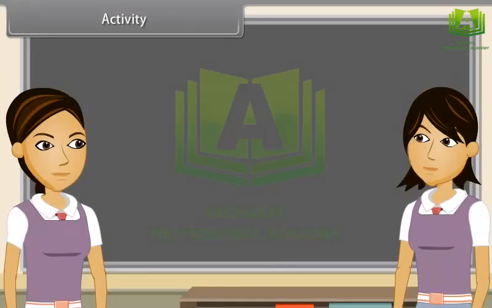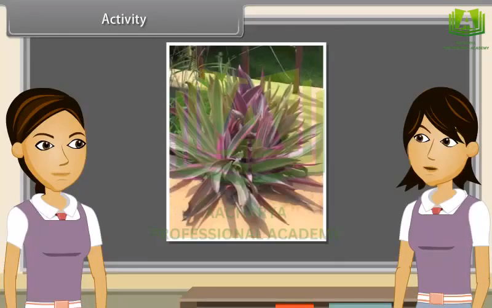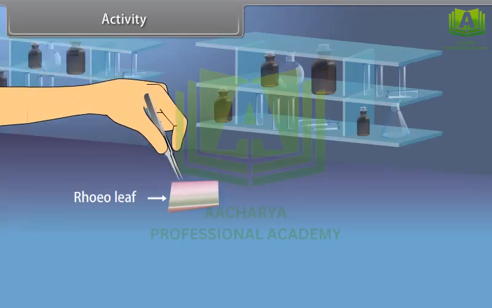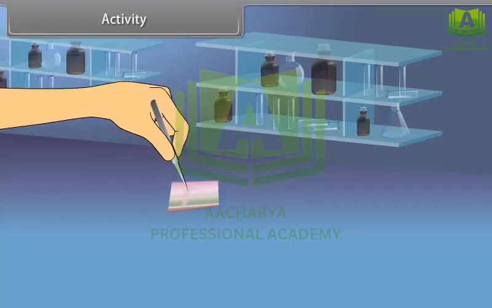Activity. With the help of another activity, we can find out various layers of cells in a leaf. Ankita, take a leaf of Rhoeo. Yes, I have taken a leaf of Rhoeo. What should I do next? Then, stretch and break it by applying a little pressure on it.